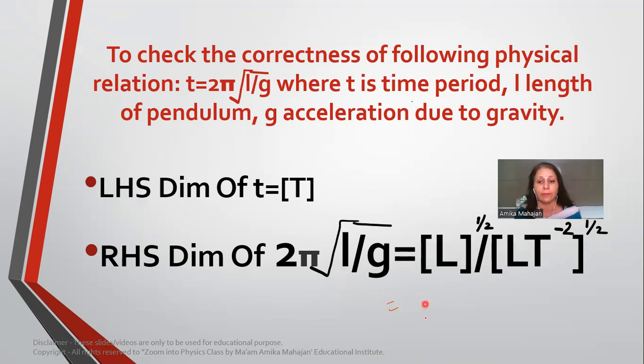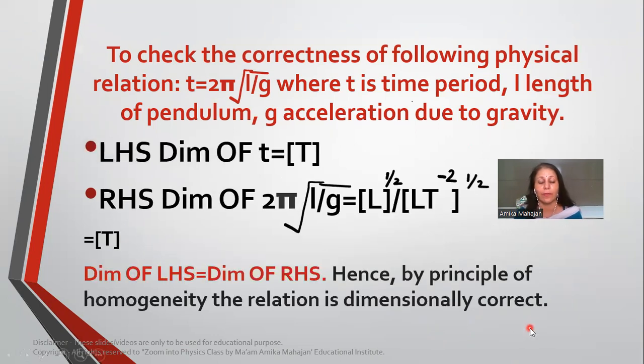When I solve it, it comes out to be L half divided by L half, t to the power minus 2 into half. It will be t to the power minus 1. This L half will cancel with this L half. So what is left? 1 by t to the power minus 1. So when I take reciprocal, it comes out to be t.